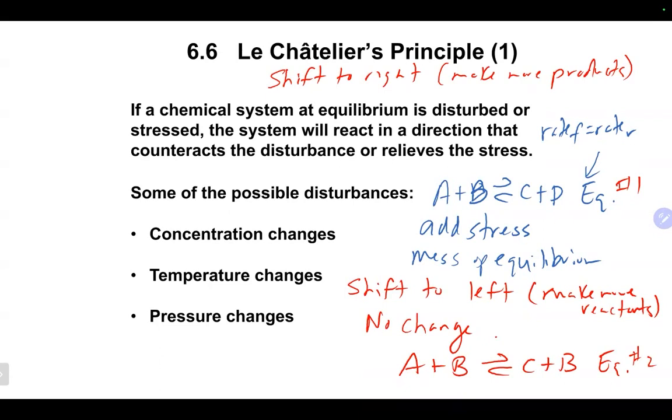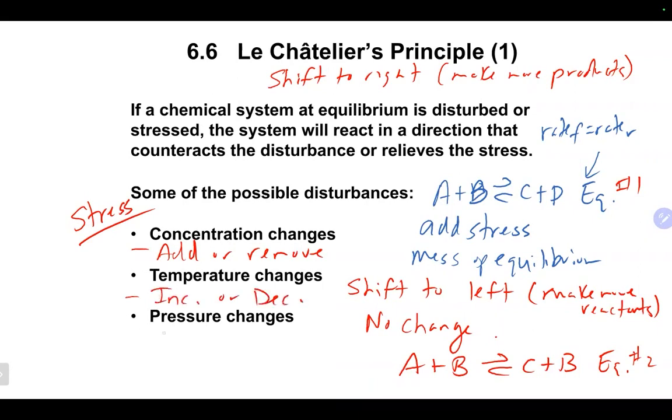So what are some stresses that we could do to a system? We could do something with the concentration, which basically means we can either add or remove. We could also change the temperature, which means you can increase the temperature or decrease the temperature. Those are your 2 options there.